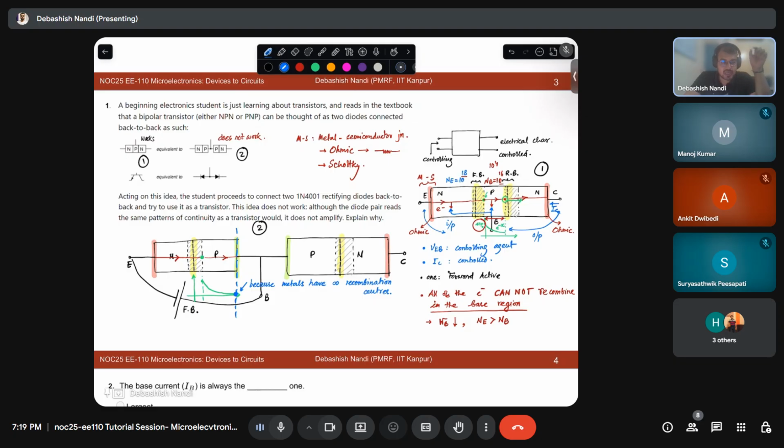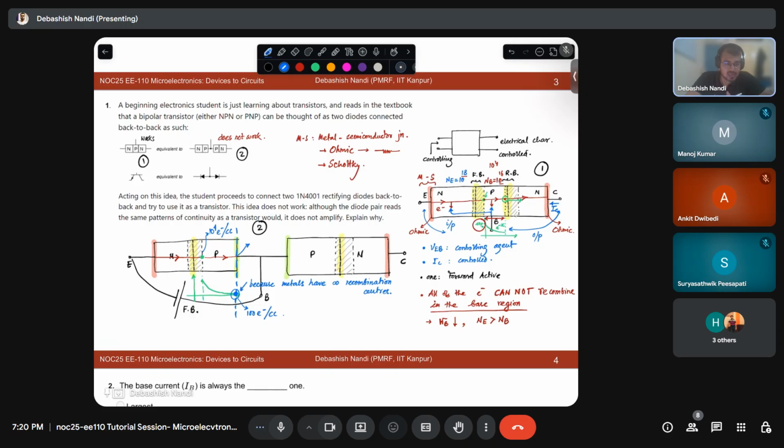Suppose in 1 centimeter cube in this place, let's say you have 10 to the power 4 electrons. At this place, whenever you are crossing the base region and have reached the end, let's say it becomes 100 electrons per centimeter cube. But in case of metal, how many electrons are there per centimeter cube? We have discussed it in the first lecture.